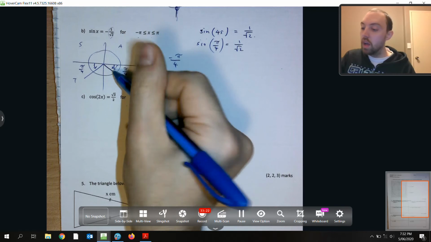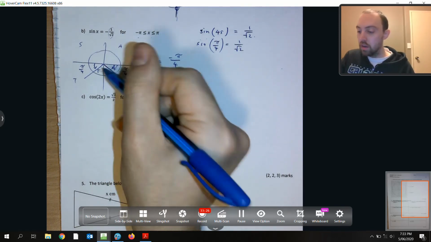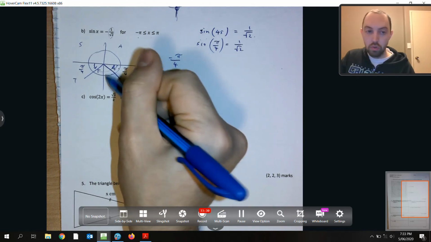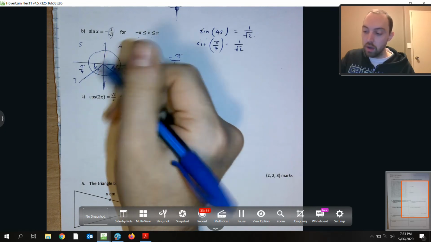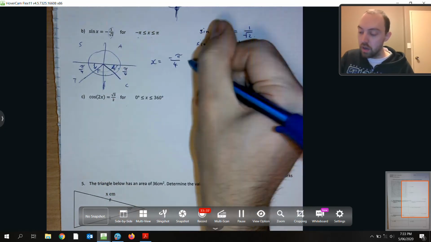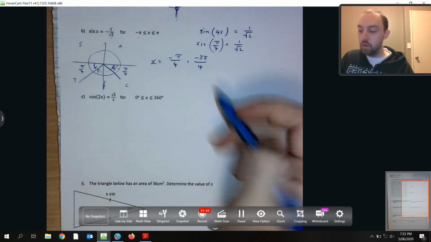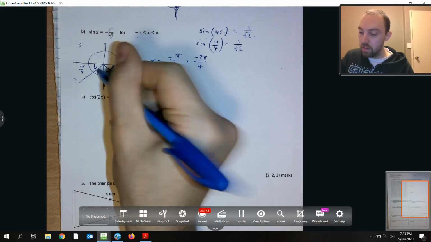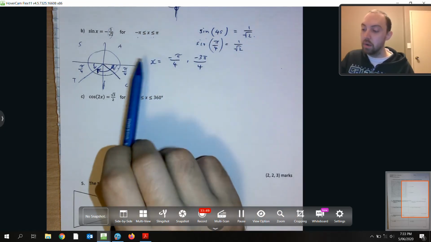If I kept going in a clockwise fashion, I've got pi on 4, 2 pi on 4 is 90 degrees, 3 pi on 4. Negative 3 pi on 4 is my other solution, because negative 3 pi on 4 is the angle that gets me to there, and it is greater than negative pi.